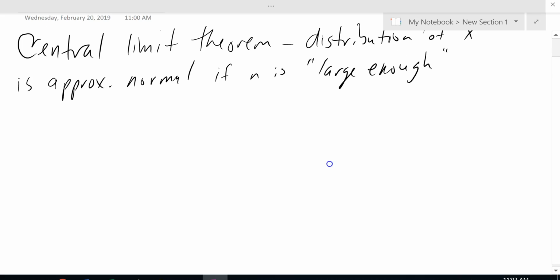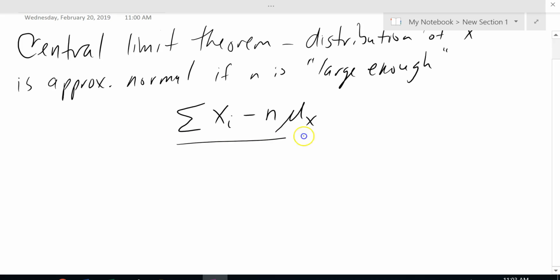So the actual formal statement is that if you take the sum of your x sub i's and subtract off n times the mean of the x's, so your x sub i's are representing a random sample from the distribution of x. If I'm doing a random sample, of course, they're all independent. The mean of each, if I think of them as separate distributions, all should have the same mean as x because you're drawing them all from x. So the mean of that entire distribution should be n times the mean.